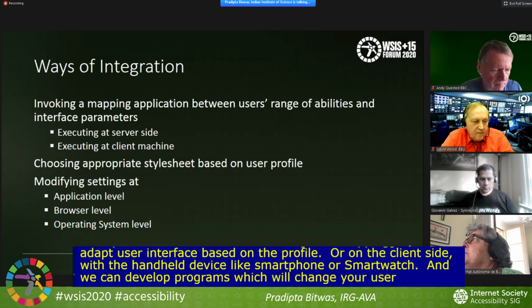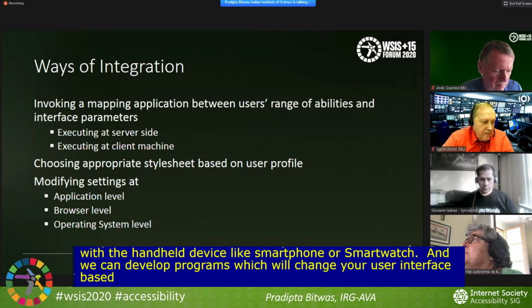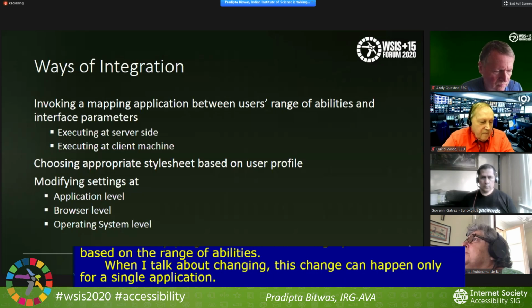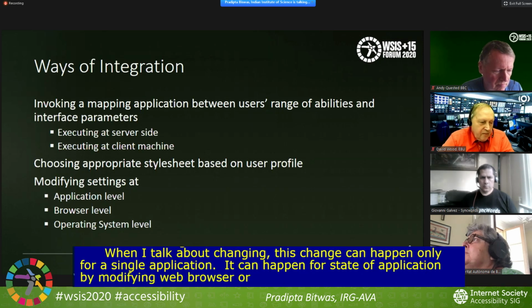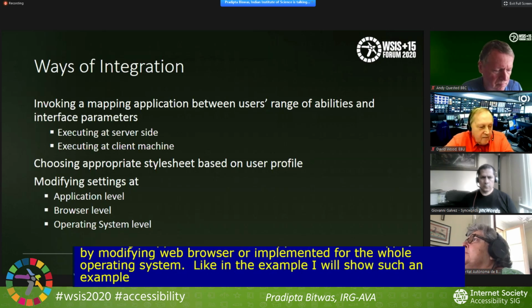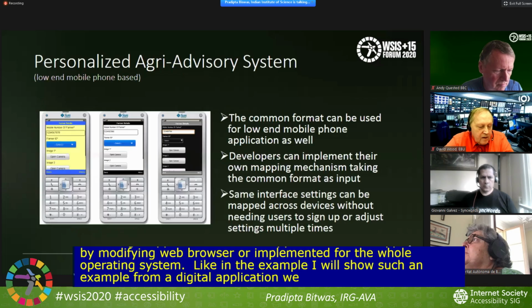This change can happen for a single application, for a set of applications by modifying a web browser, or it can be implemented for the whole operating system. In a later example, I will show a digital TV application we worked on in early 2010 to 13.